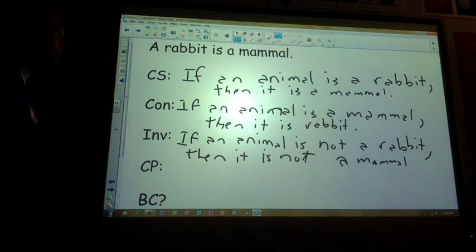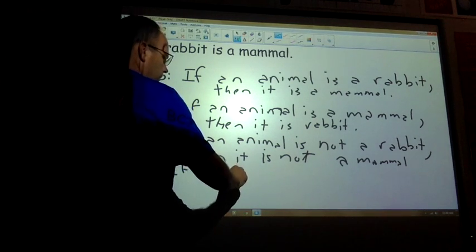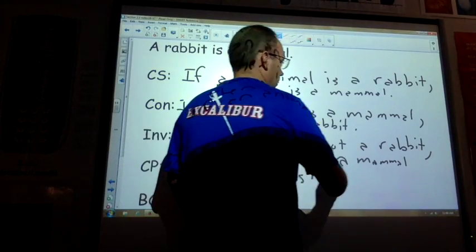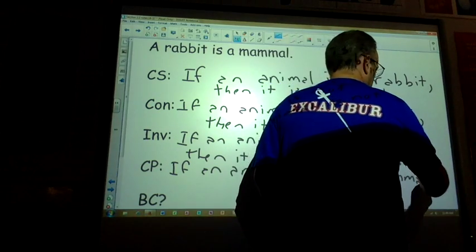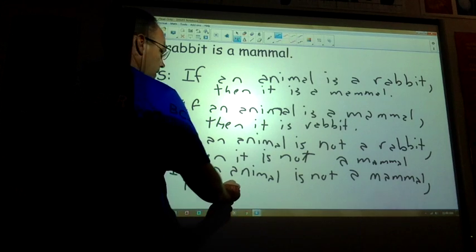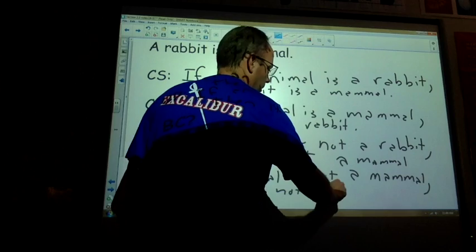The contrapositive is the negation of the converse. If an animal is not a mammal, then it is not a rabbit.